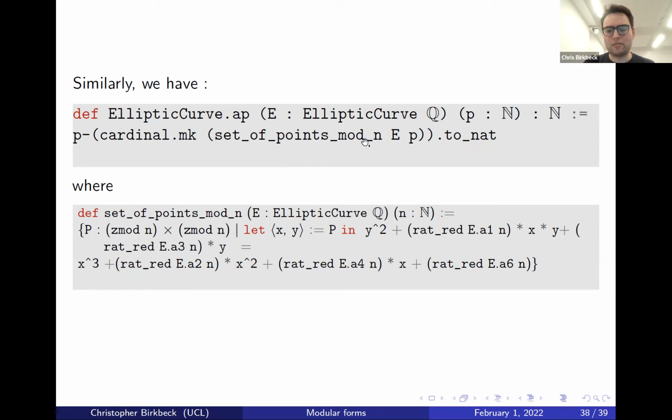And this set of points mod n is just the number of points which satisfy this giant cubic equation. So I have the points in Z mod n cross Z mod n such that the equation is satisfied. And this red that you see here is just me reducing the coefficients of my elliptic curve mod n. These are rational numbers which I'm reducing mod n.